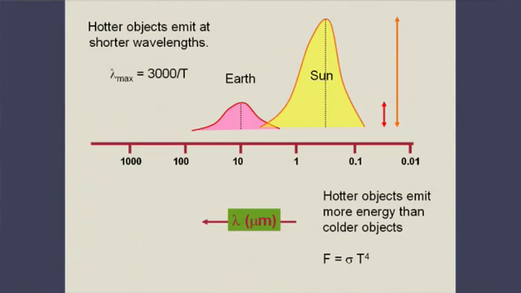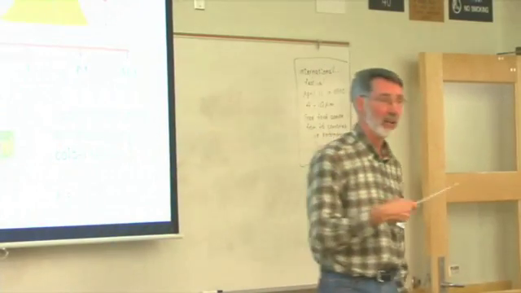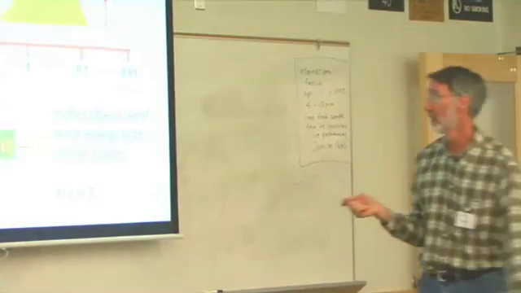Now on this graph, I repeated this spectrum graph again, only now I've shown the Sun and the Earth here. You'll notice the Sun's emissions are mostly in the visible, but the Sun emits light you can't see with your eye. The emissions from the Earth are at a much lower frequency or longer wavelength, and you can't see those at all. Can't see infrared.